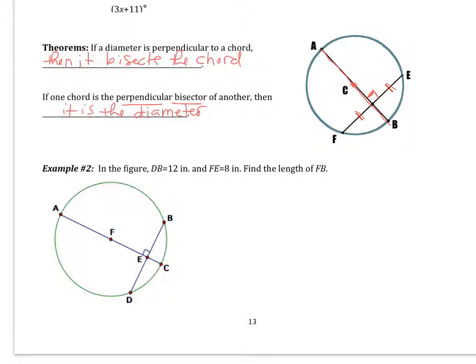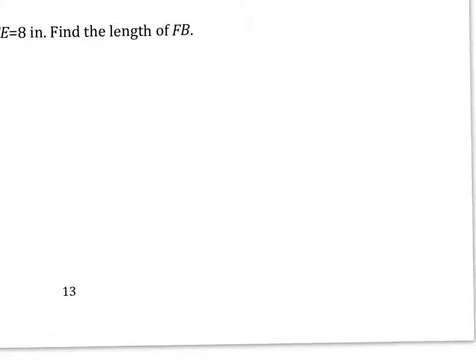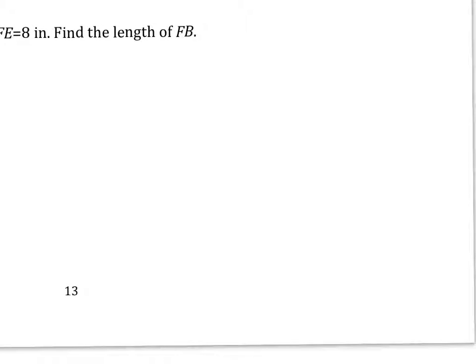All right, so what I'm going to do is I'm going to just kind of add a couple of ideas over here. Okay, and so what you need to know is there's three things that you always are looking for, and as long as you have two of them, you can assume the third. Okay, so the three things are diameter, perpendicular, and bisect.